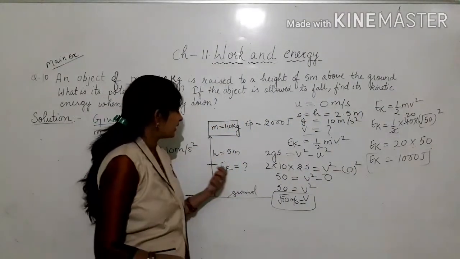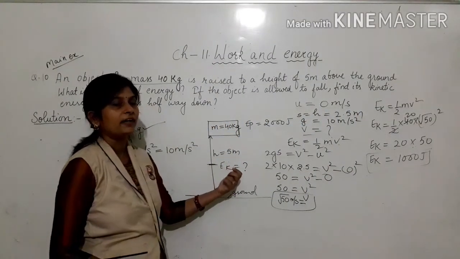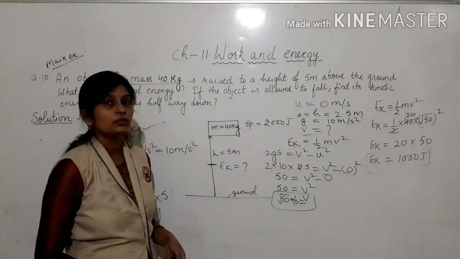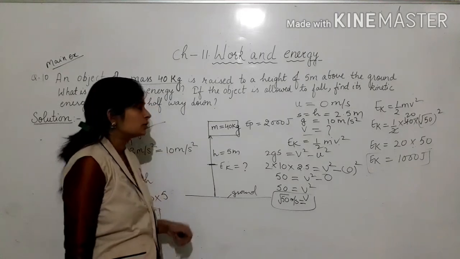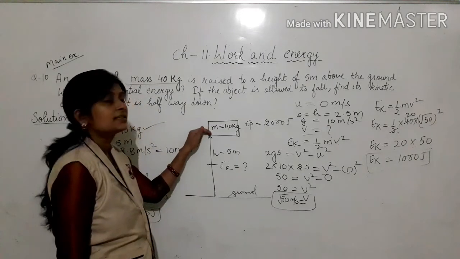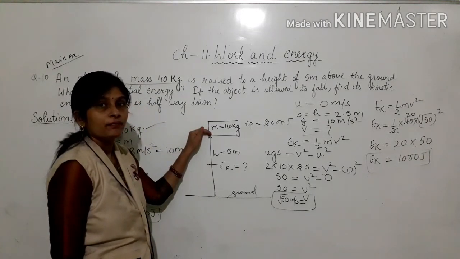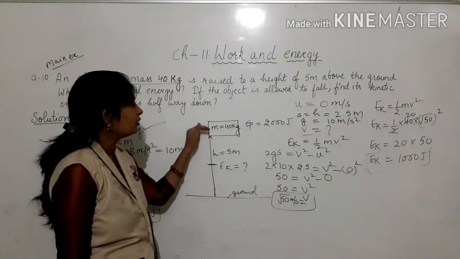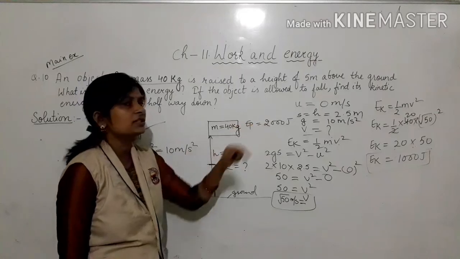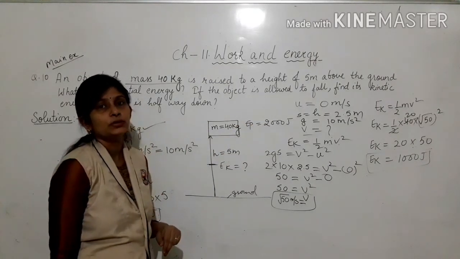What is the kinetic energy of the object at halfway down? It is 1000 joules, which we have already discussed theoretically. When the object is at a height of 5 meter, due to this higher position it has potential energy that is 2000 joules.